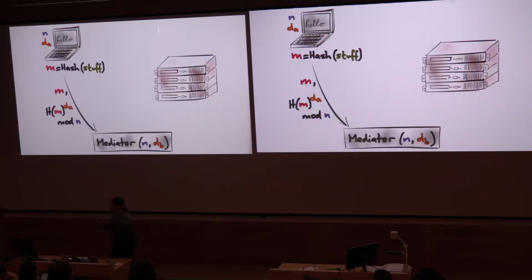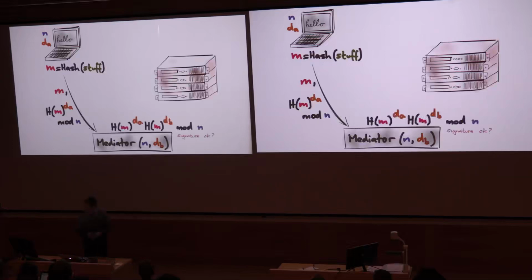And what the mediator does now is it doesn't just simply take M to the DA, M to the DB, and send it back. It first checks this hash to the power dA, which acts as an authenticator for that particular request. Because now the mediator can use its own DB, calculate the hash of the message that came in using the same hash function, do it to the power dB, and check whether what it constructs there is a valid signature for the user's public key.